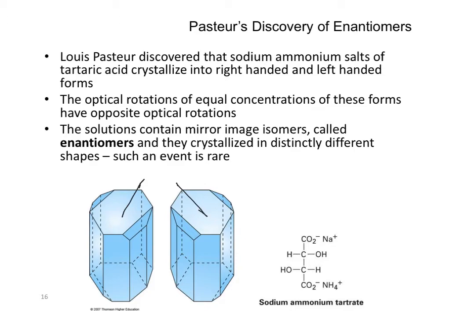So that was the first reference that if you have enantiomers, which are two different versions of the same molecule, the specific rotations will have equal magnitude, but they will be opposite in sign.